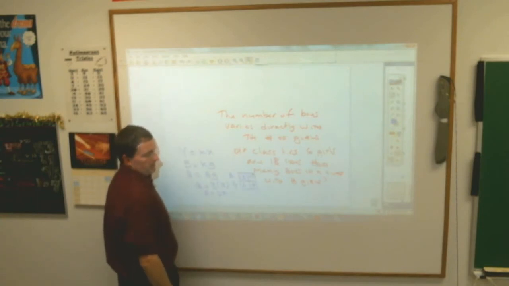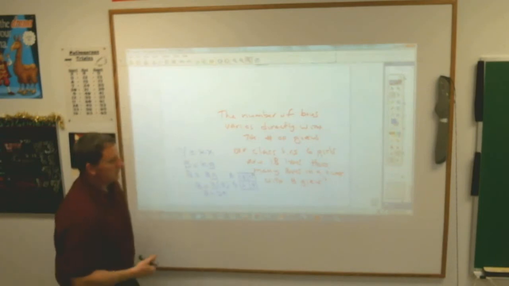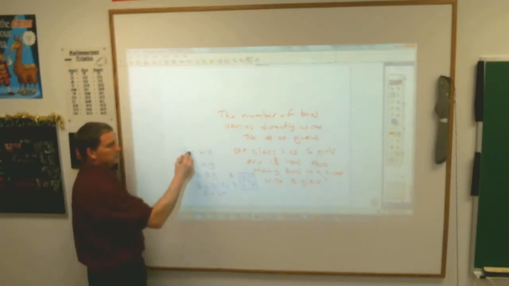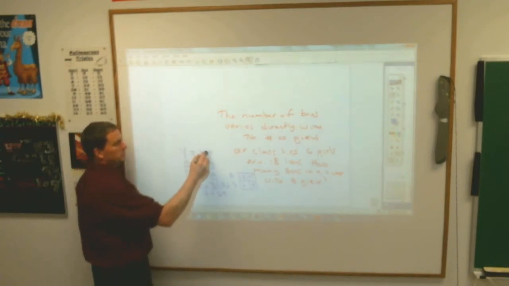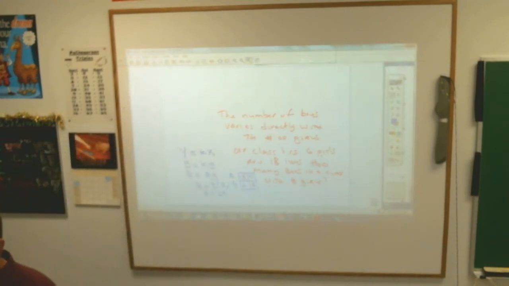It could still be done that way, cross canceling, however way you want to do it. But since we were talking about directly proportional or direct variation, just remember, y equals kx.